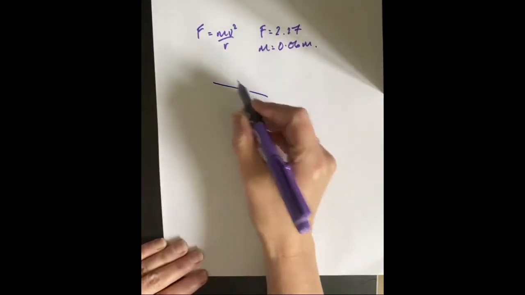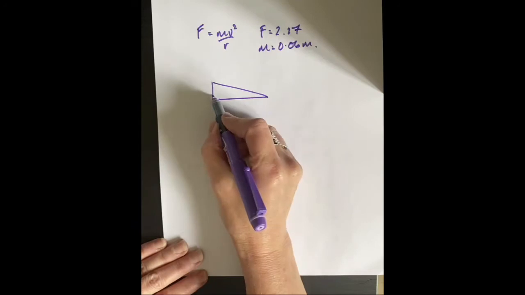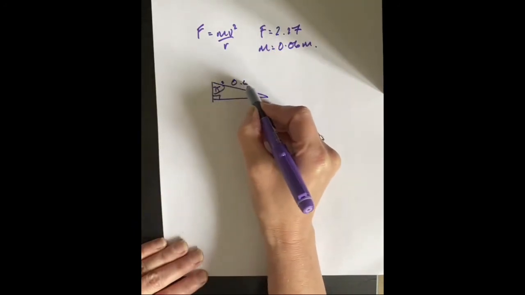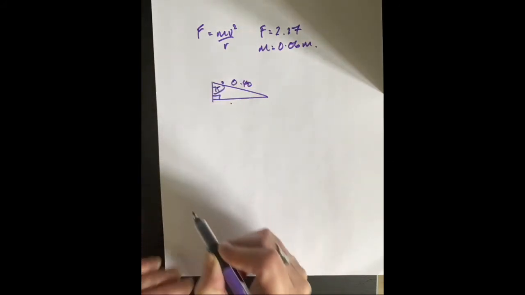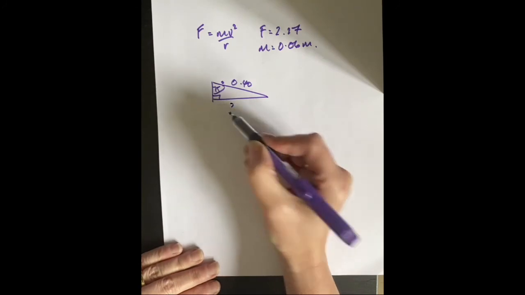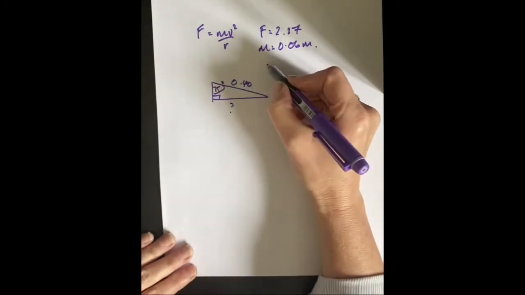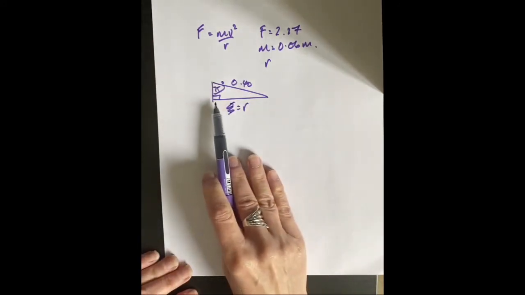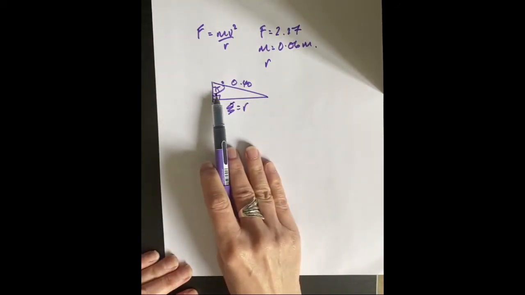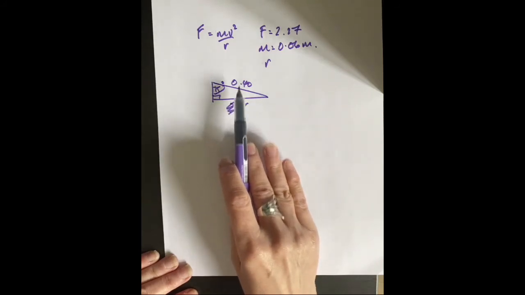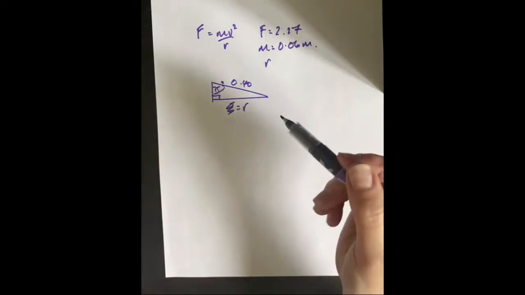We need this angle here, 75. That's 0.40. This is what we need to work out for r. Let's call it r. We've got 75 here. That's the opposite, that's the hypotenuse.